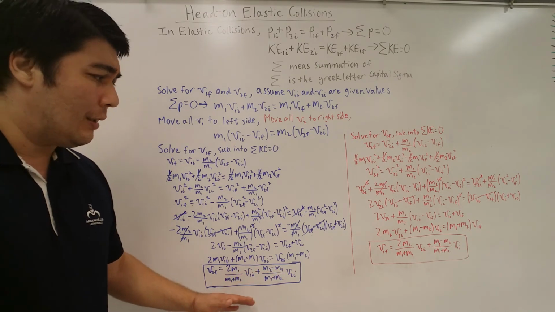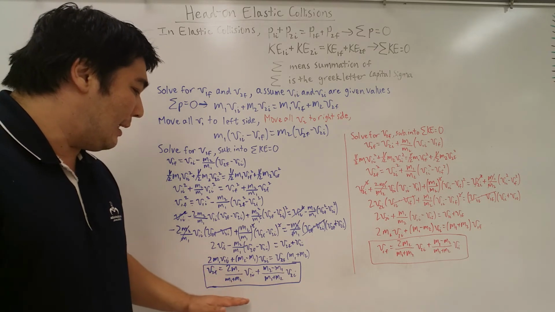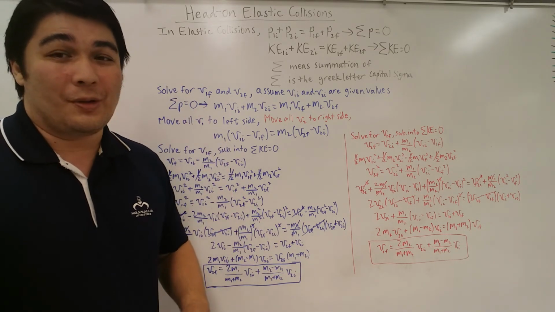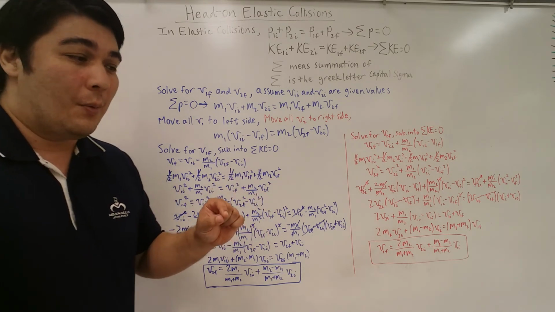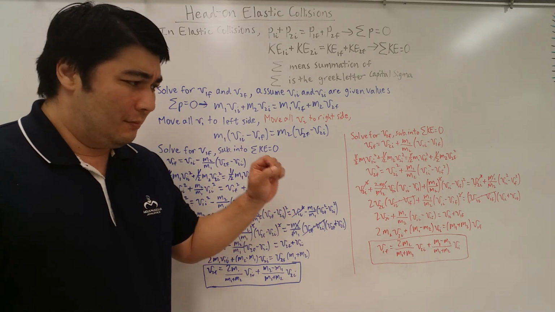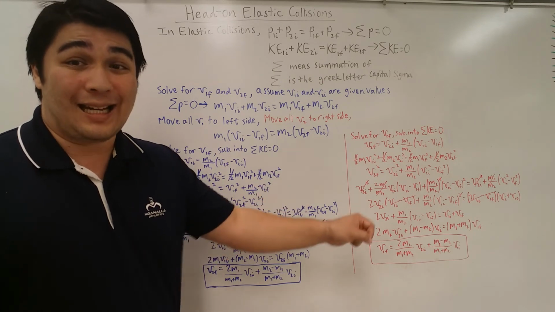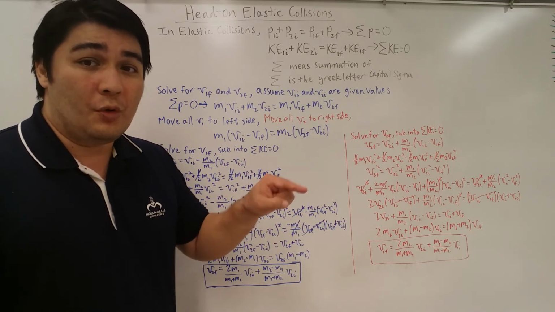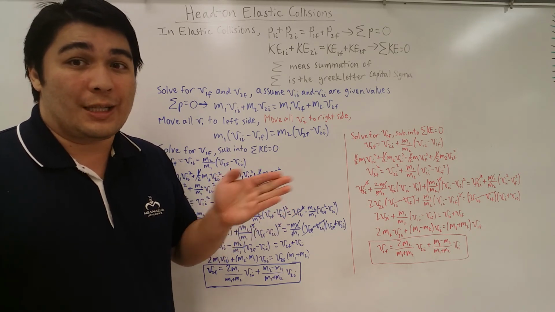So I want to point that out because it's not like you can look at this and say, aha, they are interchangeable. They're not. There's actually a difference which one you pick as the first object and which one you pick as the second object, and it depends on which one is moving and which direction is actually positive.